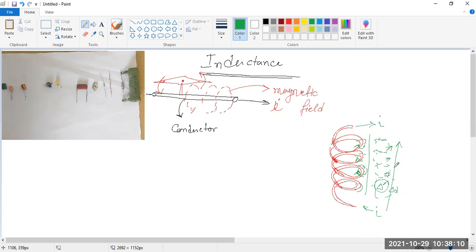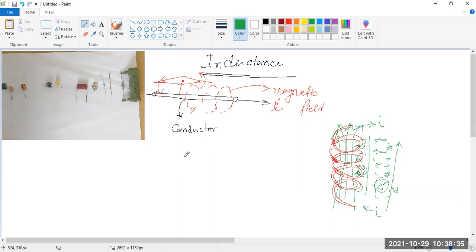So a line of force is created for a very small section area, and there are so many such areas. Magnetic field lines are created. This is called a flux line. So a magnetic field is created through the inner portion of the coil.